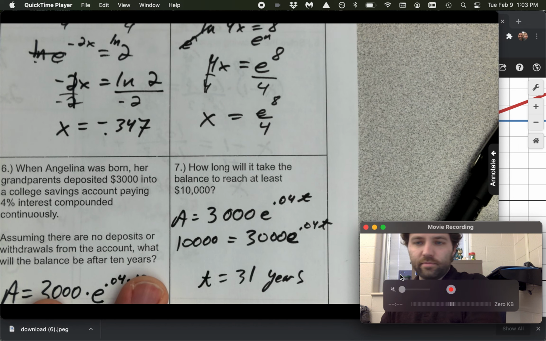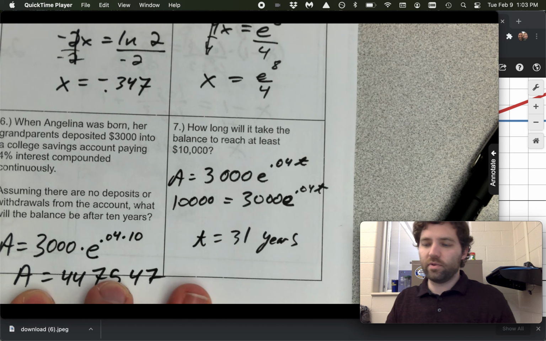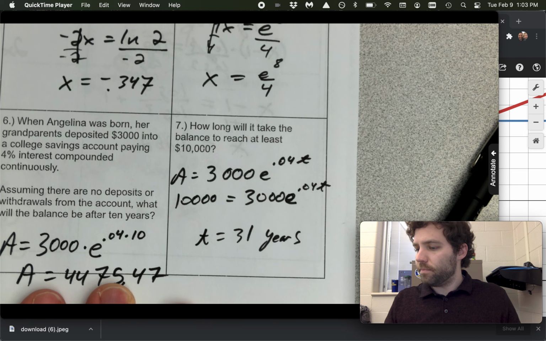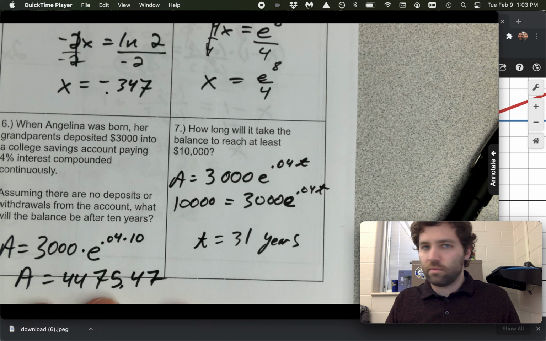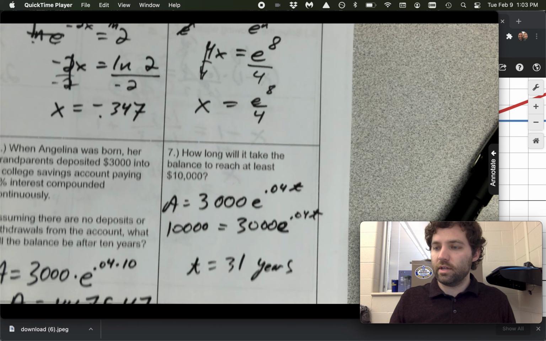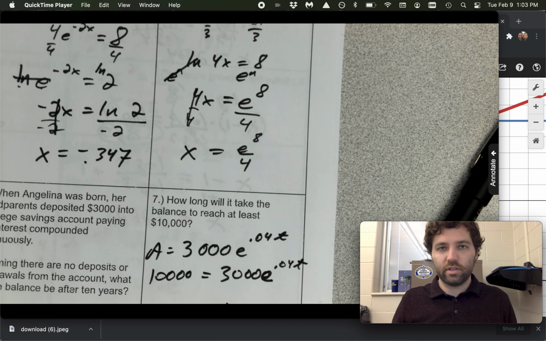So right there, about 31 years is when it'll finally reach $10,000. Okay, and you can see that that's more than tripling the money. But I think that pretty much wraps up 6.8, natural logs and continuously compounded exponential growth. And we're approaching the end of chapter 6.